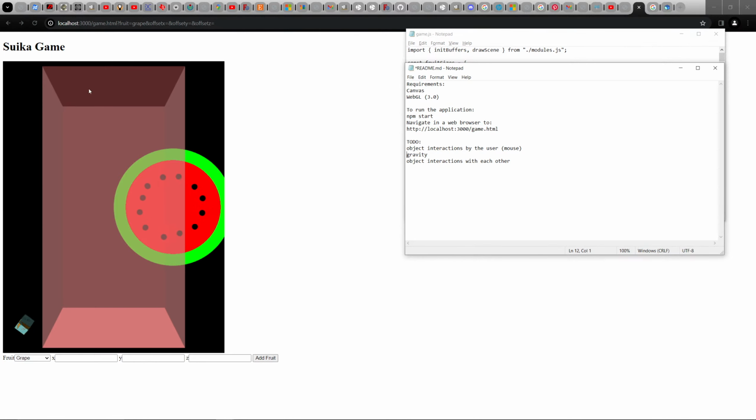So wherever I click, I want a fruit to drop down from the top. So right now for this stream, we'll start off just by adding a fruit wherever I click, at the point that I'm clicking at.